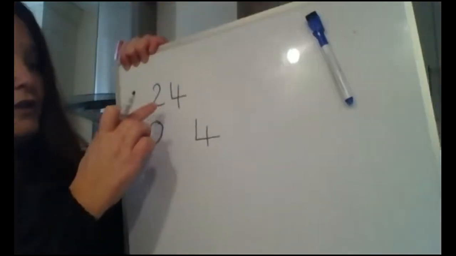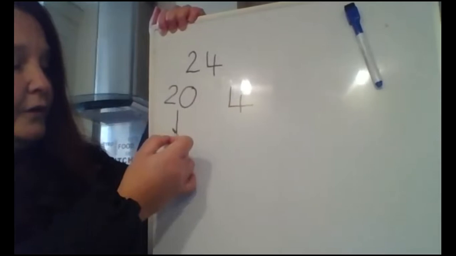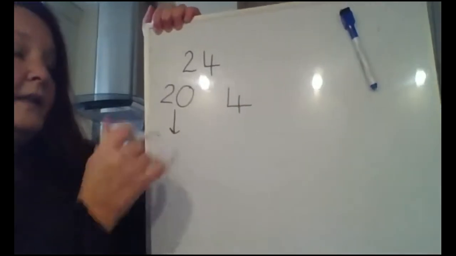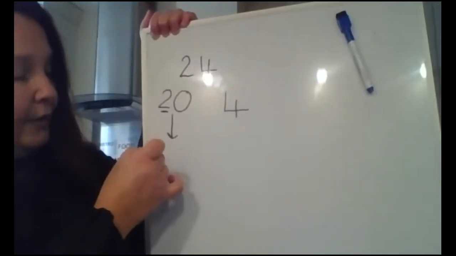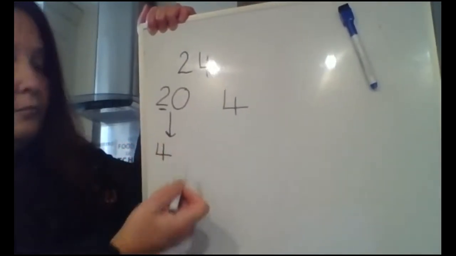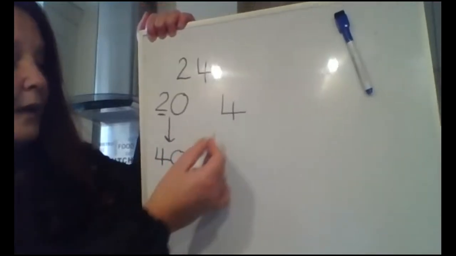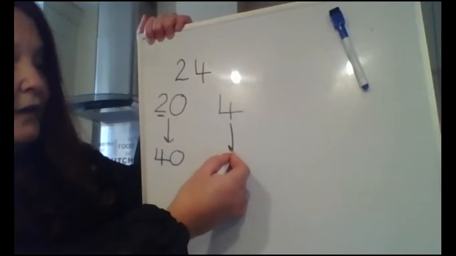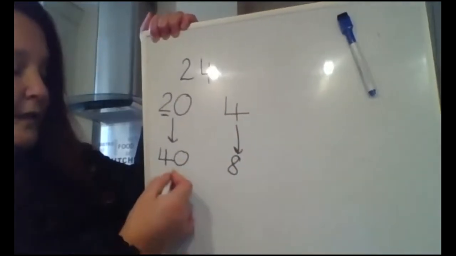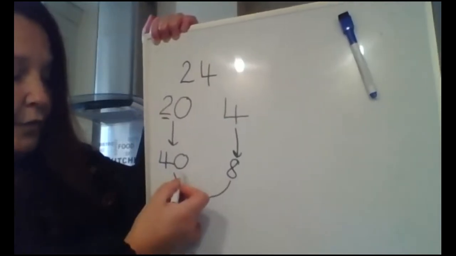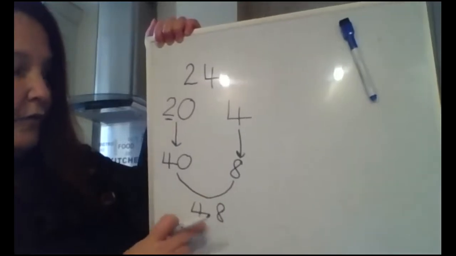So I've partitioned my number first. Then I can double 20. Now the easiest way to do that is to look at this number 2 here. I know that double 2 is 4 and double 0 is 0. And because I practiced yesterday, I know that double 4 is 8. So my answer, 48. Remember when we put them back together? 48.